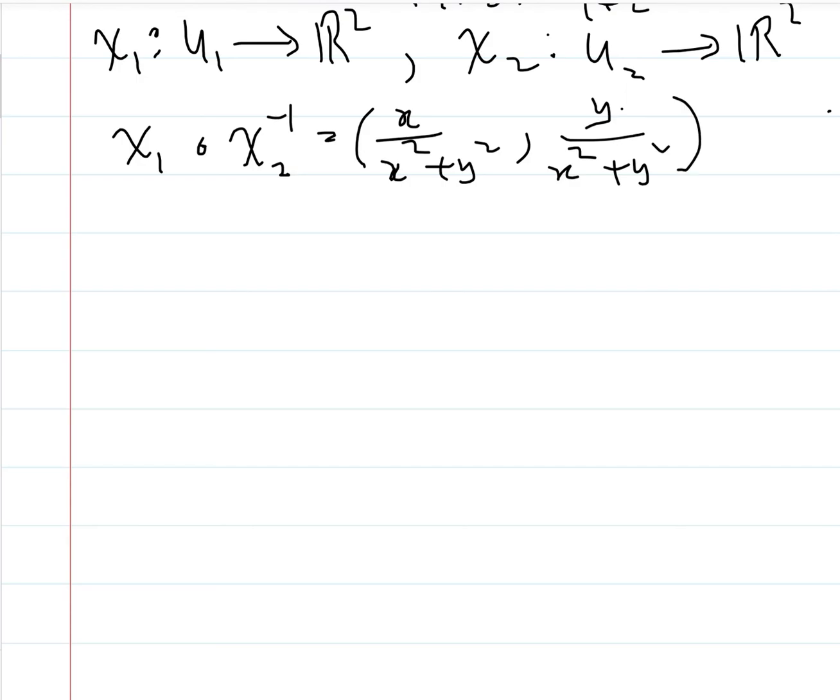So the chi's satisfy, it can be shown, the properties defined in the definition. And therefore S2 is a two-dimensional manifold.